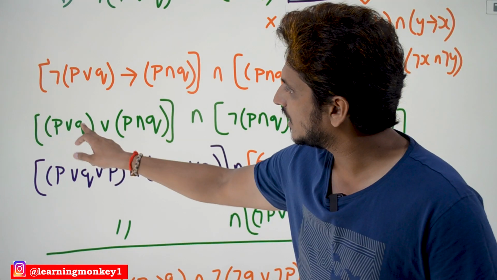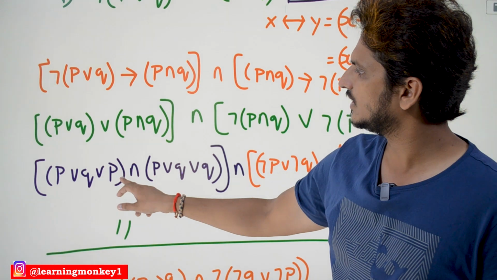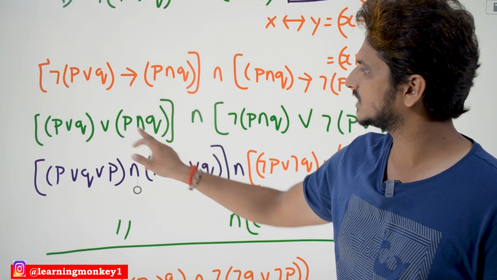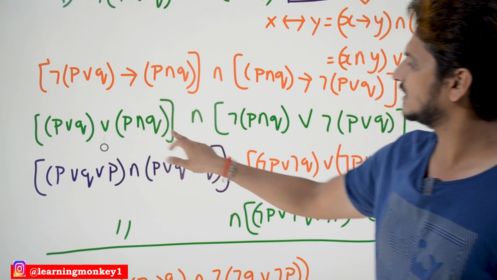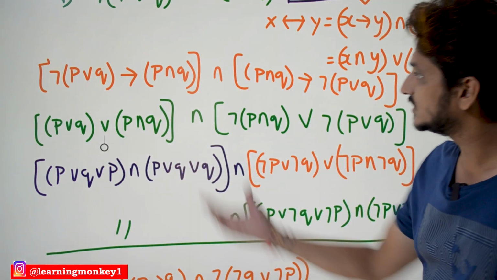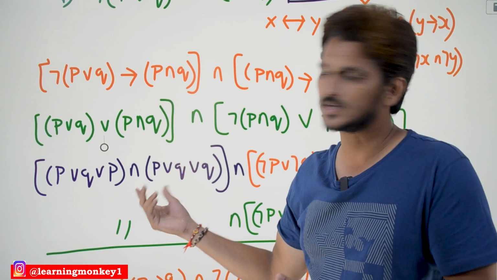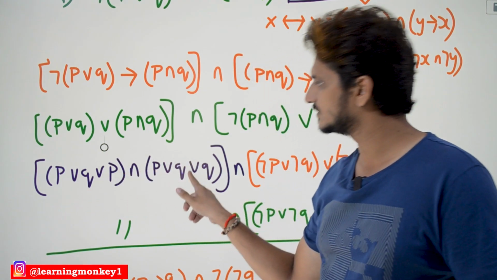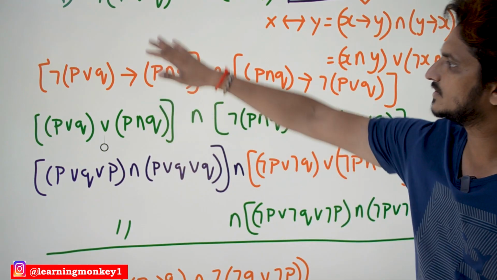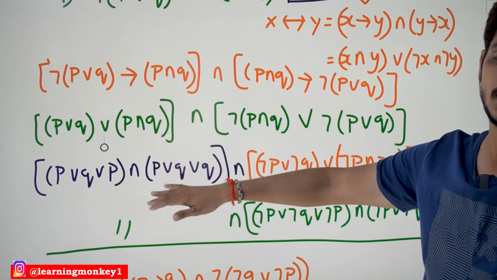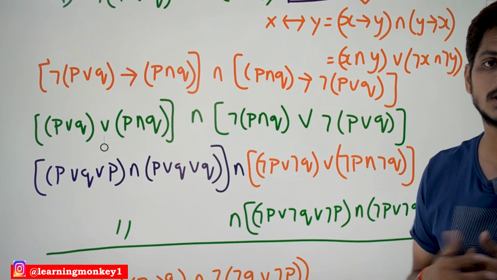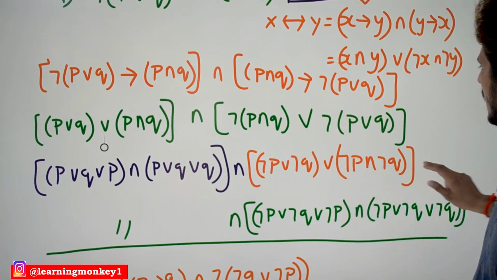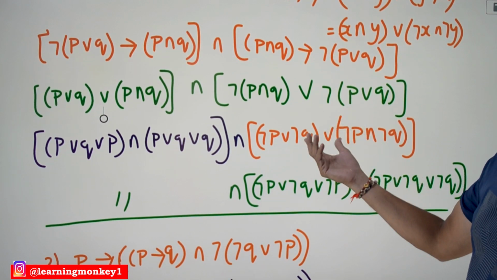See here, p or q disjunction p, in between conjunction, p or q disjunction q. Now this equation is in the form of product of sums. So on the left hand side, we got the equation in the form of product of sums.